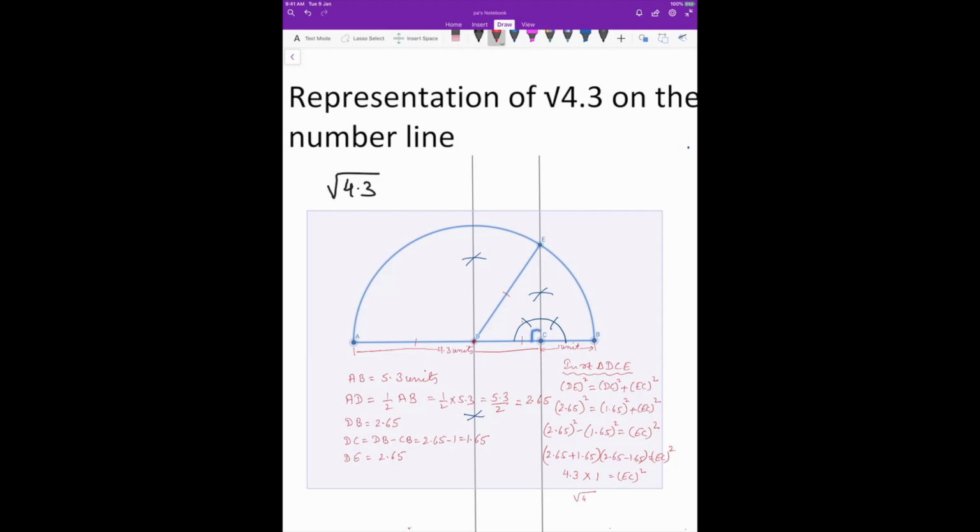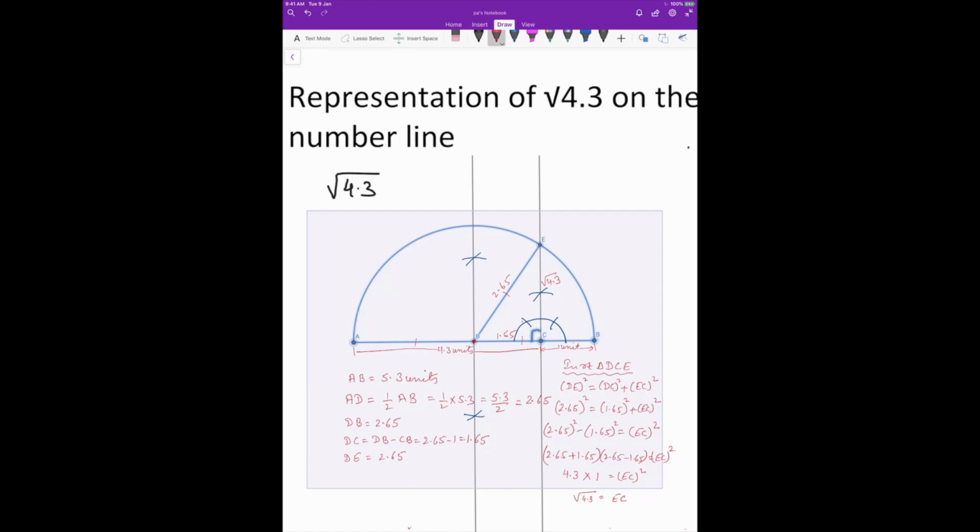That means EC will be equal to root 4.3. Our DE was 2.65, this length was 1.65, and by using Pythagoras theorem we got EC to be equal to root 4.3, exactly the same way as we did before.